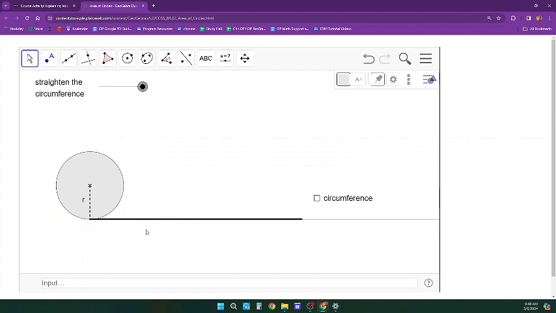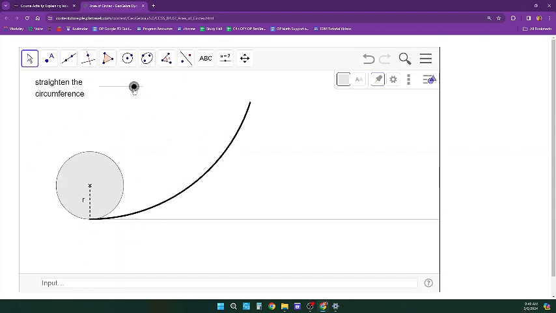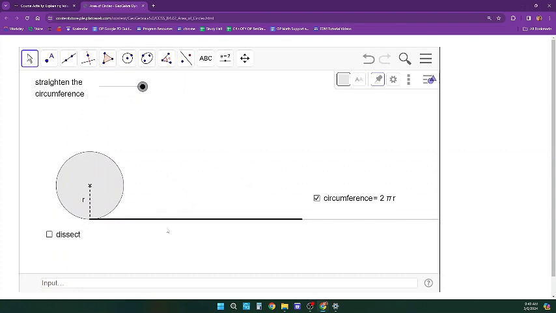We should remember from past activities that the equation for the circumference of a circle is equal to 2 pi r. So the circumference is the length of the outside of the circle. So it's 2 pi r here. When extended out, it's still 2 pi r in length.